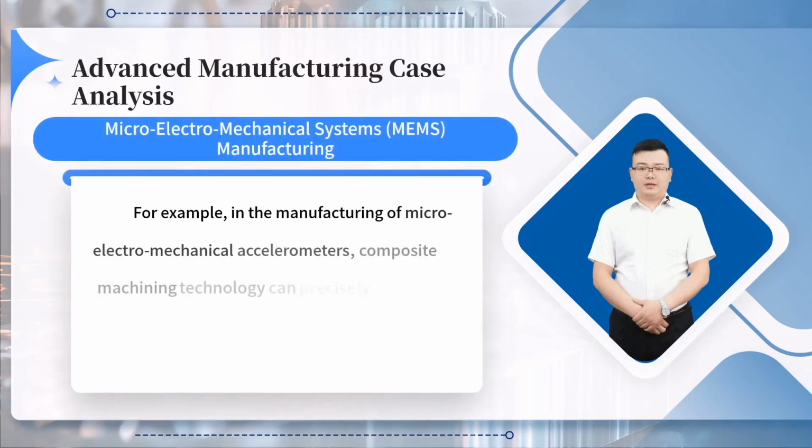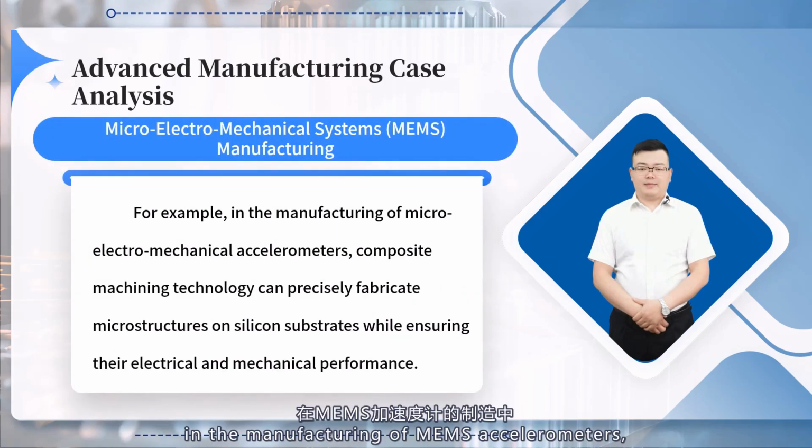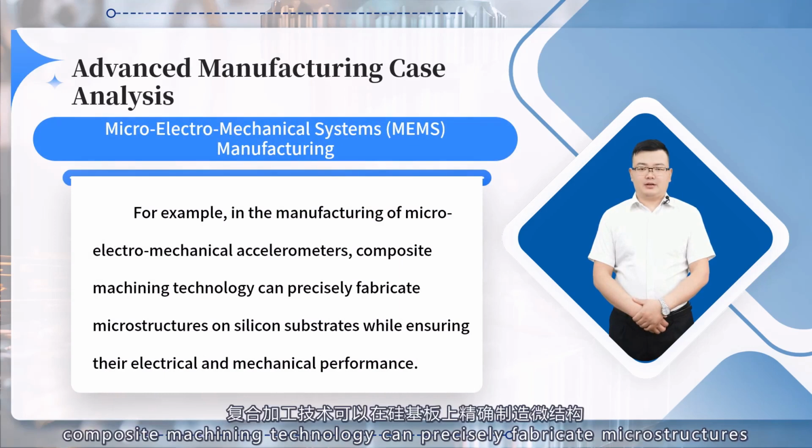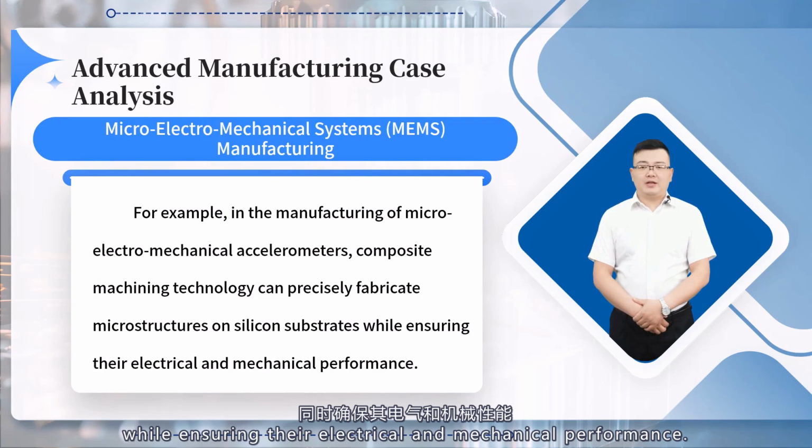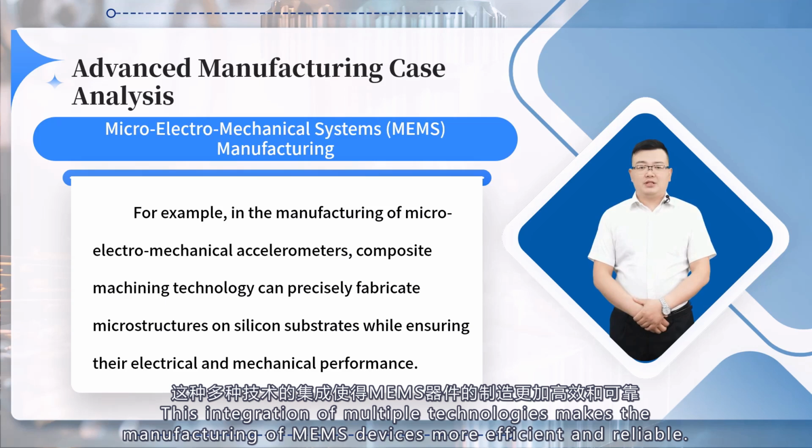For example, in the manufacturing of MEMS accelerometers, composite machining technology can precisely fabricate microstructures on silicon substrates while ensuring their electrical and mechanical performance. This integration of multiple technologies makes the manufacturing of MEMS devices more efficient and reliable.